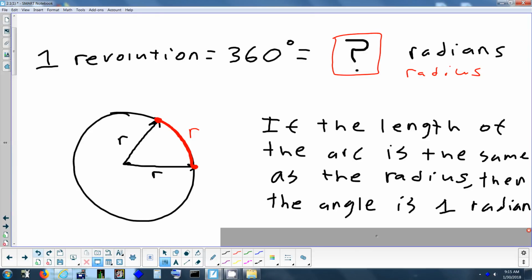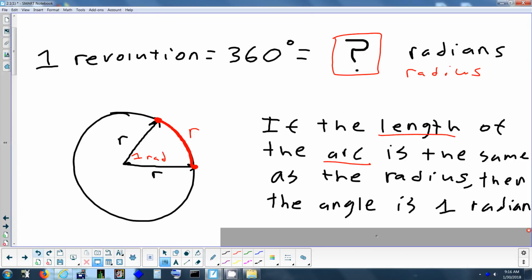It doesn't really answer the question how many radians in 360 degrees. All this shows you is how you could physically sketch an angle that's 1 radian. Make the arc size the same as the radius. And that's 1 radian. Yeah? Now, when you mean distance apart, like can you cut through the circle, that distance, or the distance around the circle?